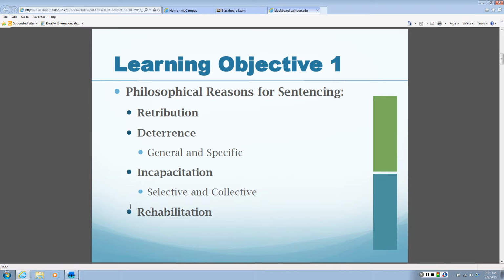Another philosophical reason for sentencing is incapacitation. This is where we temporarily or permanently, depending upon the type of punishment that you receive, keep you from being able to commit crimes out in the real world because you have been sufficiently incapacitated. Now, we can selectively incapacitate people and we can collectively incapacitate people.